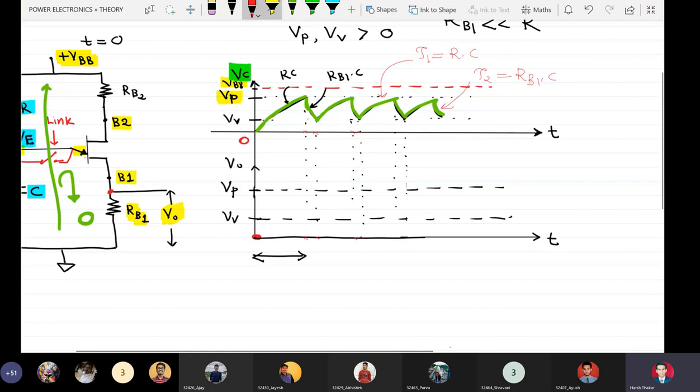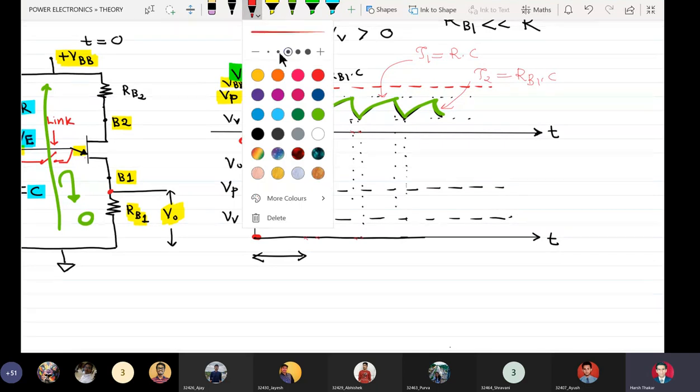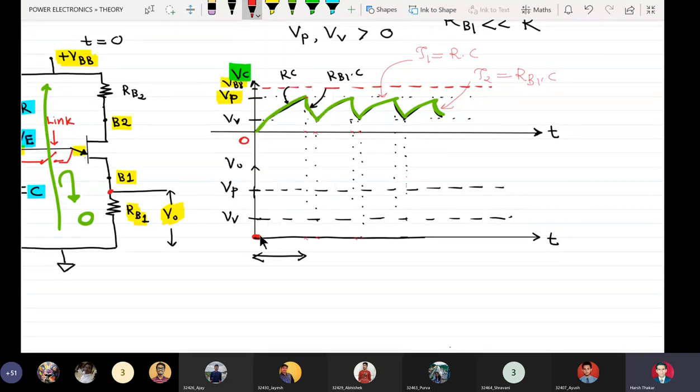It goes like this, and valley. Charging, discharging, charging, discharging.